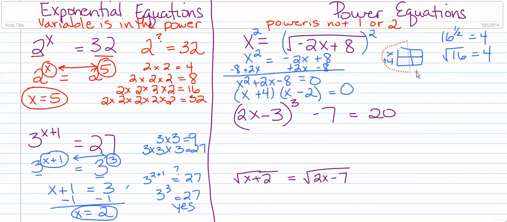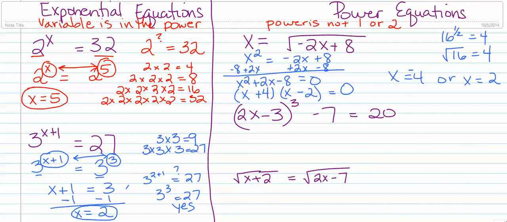And so my answers are going to be x equals 4 or x equals... x equals negative 4 rather, because I want to set each of these equal to 0 so that I can solve. And let's go back to our original equation and see if this works. So x equals negative 4.